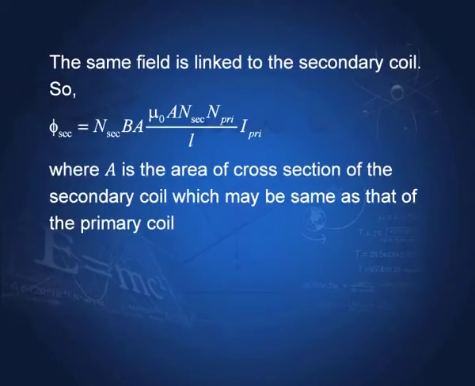And therefore, phi secondary, the flux linked to the secondary coil, would be mu 0 A n secondary n primary divided by L into I primary, and this quantity is again constant, which I can write as M. So, phi secondary is M times I primary, the current in the primary.